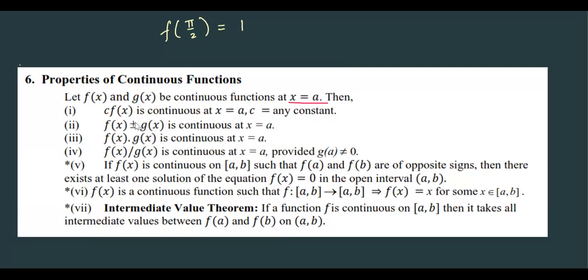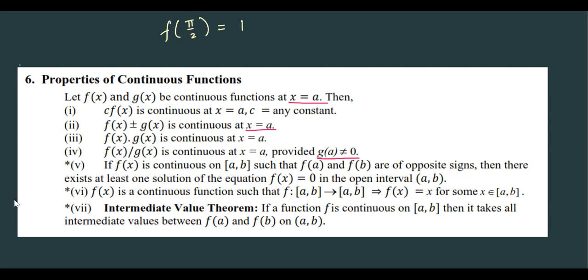Because f and g are continuous, the sum f of x plus or minus g of x will be continuous at x equal to a. And the product will also be continuous. The ratio f of x over g of x will be continuous at a provided g of a is not 0. If g of a is 0, at that point it becomes discontinuous.